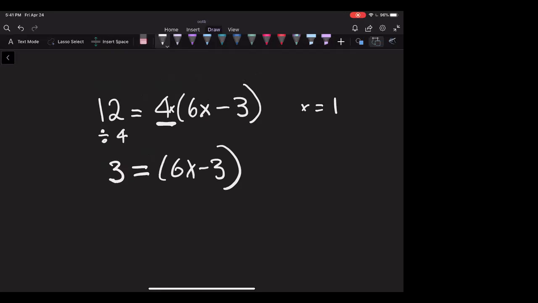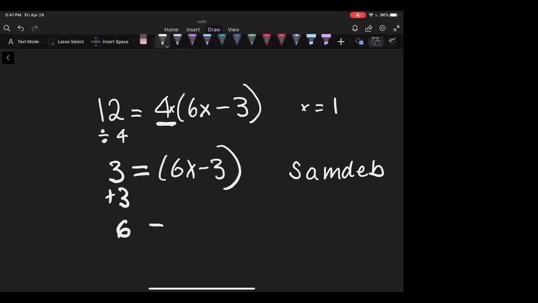Same rules, even inside the brackets. Do we have subtraction or addition inside the brackets? Yes, you have subtraction. We do subtraction first, and we're going to do the opposite, which is addition.